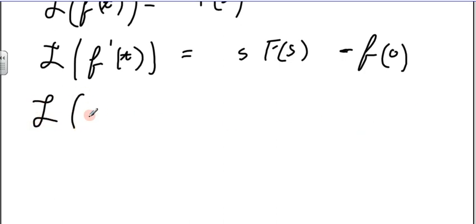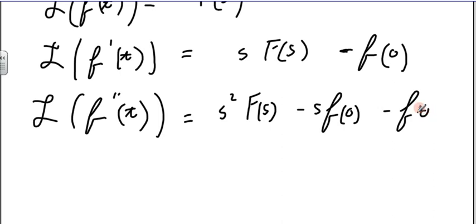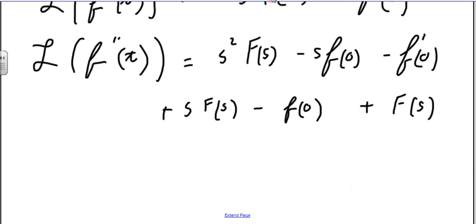We look at the Laplace transform of f double prime of t, and we end up with s squared F of s minus s f at 0 minus f prime at 0. And plus s F of s minus f at 0 plus F of s. Okay, so we have a little bit of a pattern going on, and we're going to do the triple derivative.